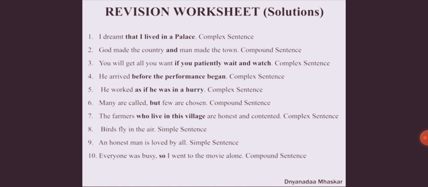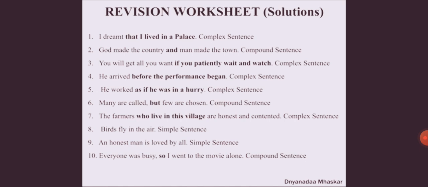It's a compound sentence because the two clauses are joined together by the coordinating conjunction and. Third one, you will get all you want if you patiently wait and watch. Again, this is a complex sentence. If you patiently wait and watch is the dependent clause. You will get all you want is an independent clause.